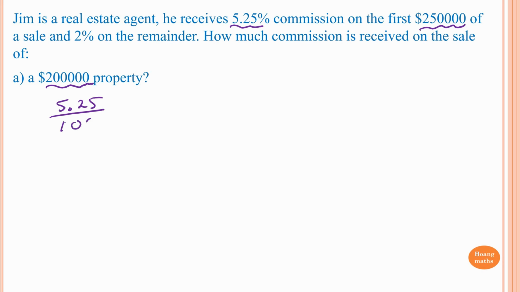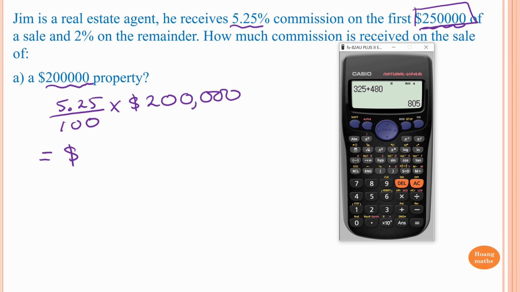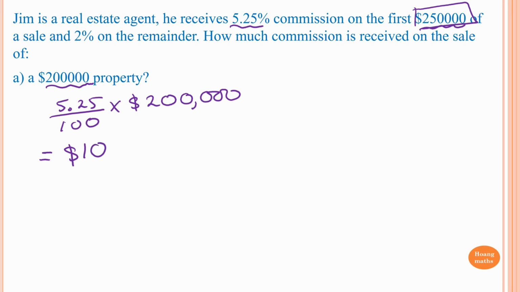Part A, 5.25% of $200,000. Because 200,000 is less than 250,000, therefore he only gets 5.25%. So 5.25 divided by 100 times 200,000. There you go. So $10,500.